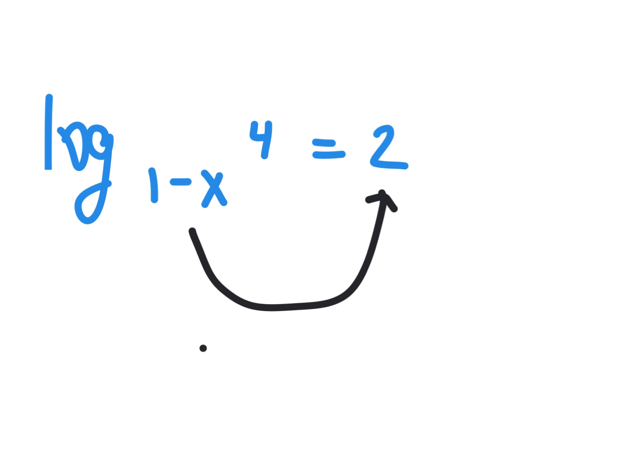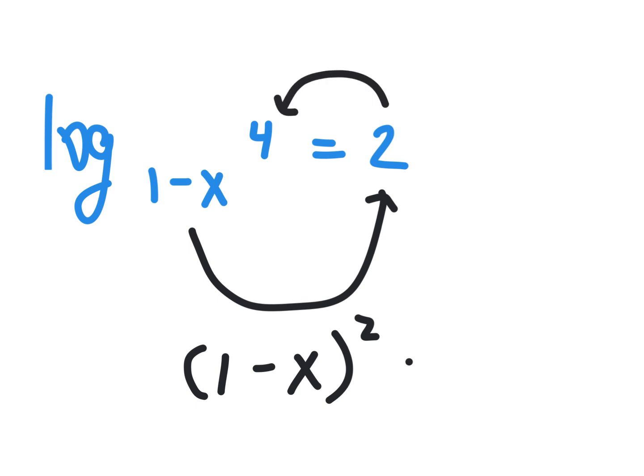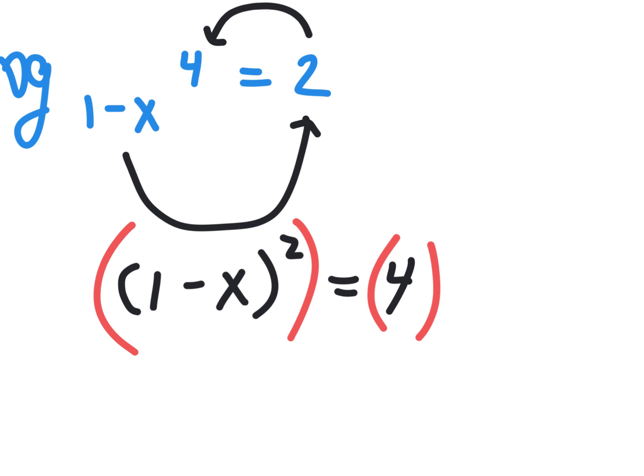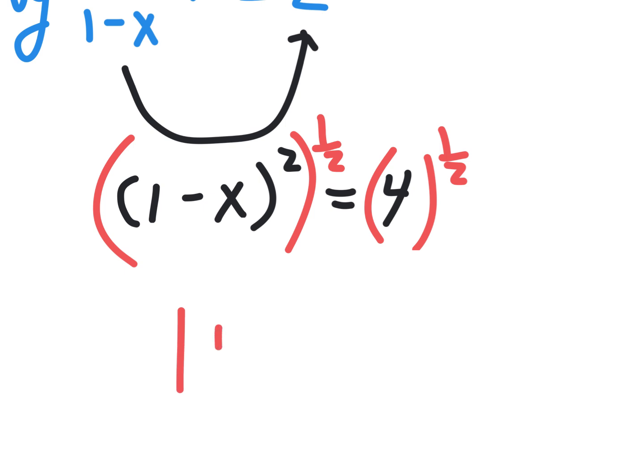Did you remember the parentheses around the 1 minus x, or did you just square the x? That's the first chance to mess up. Next, did you remember to put it to the 1/2 power to get rid of the squared? And then, did you remember that means absolute value? Did anybody even remember that? Did anybody remember the absolute value? Nice, 2 people.